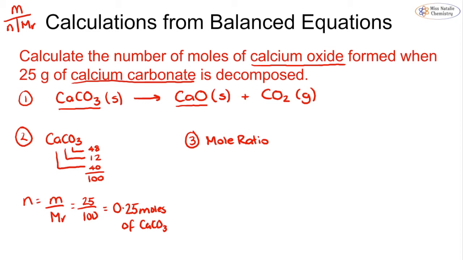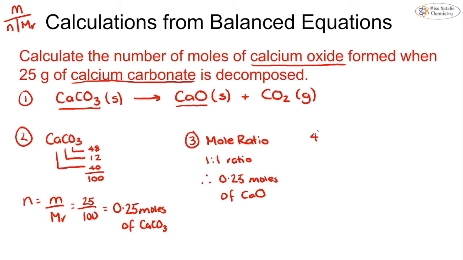So to determine the mole ratio, we look at the coefficient. Now both of these have no coefficient, which means they are in a 1-to-1 ratio. Therefore, if I have 0.25 moles of calcium carbonate, I'm going to make 0.25 moles of calcium oxide because they're in a 1-to-1 ratio.